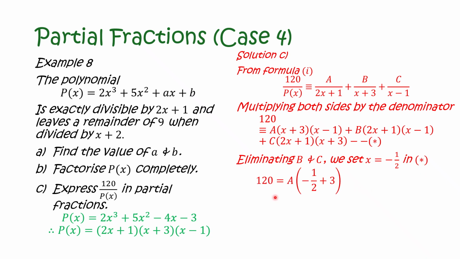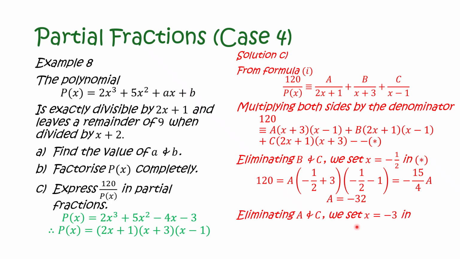So eliminating b and c, we set x equal to minus 1 over 2 in identity star. In doing so, we are going to have that and simplifying, we have a is equal to minus 32.